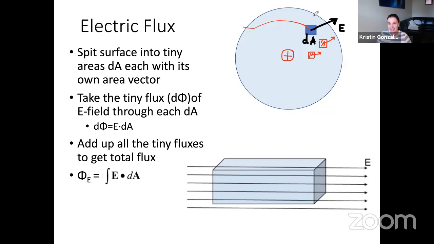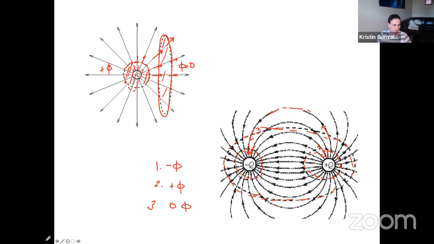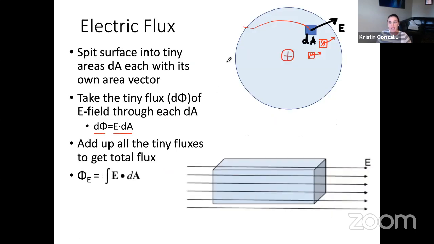Well, since it's not the whole entire surface, we're looking at just a little piece of the whole surface, we can say that's a small differential part of the flux. And so we can look at the electric field going through that one surface area times our tiny little surface area. So that would be the electric flux through just that one tiny little differential surface area.